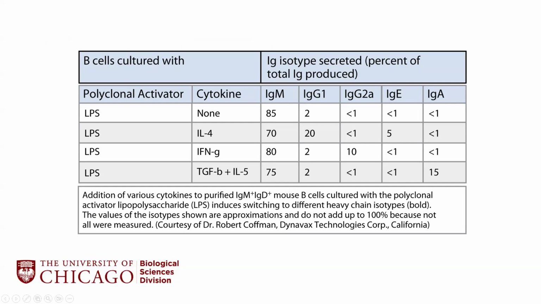As you can see, if you have TGF beta and IL-5, you get expansion of IgA more preferentially. If you get IL-4, you get both IgG1 and IgE. And if you get interferon gamma, you're more likely to get IgG, the two different subtypes of IgG.